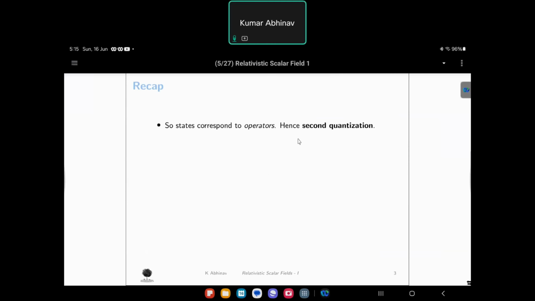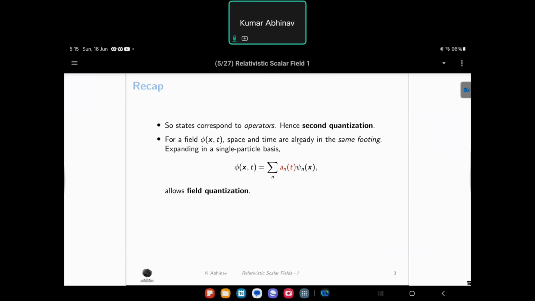Another way to look at this second quantization is that you consider a continuum system classically, which is represented by a field that you know, like a classical field. It can be an electric field, magnetic field, or a density field, whatever, which depends on position x and time t.